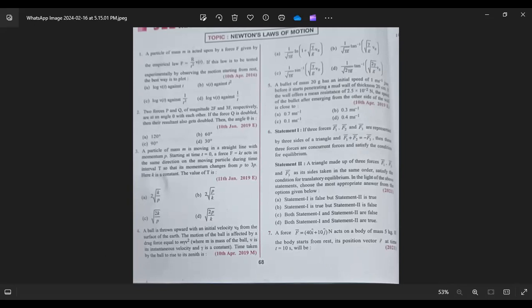After we solve question number 6, we share one more screen.